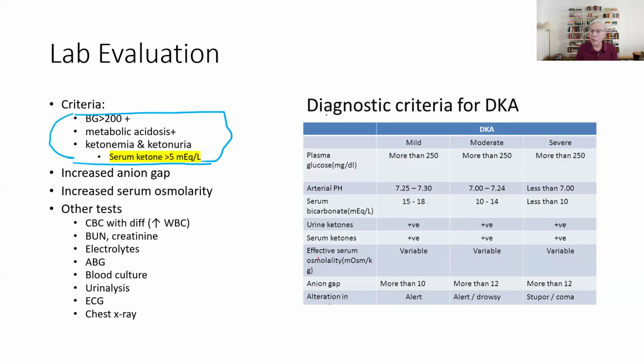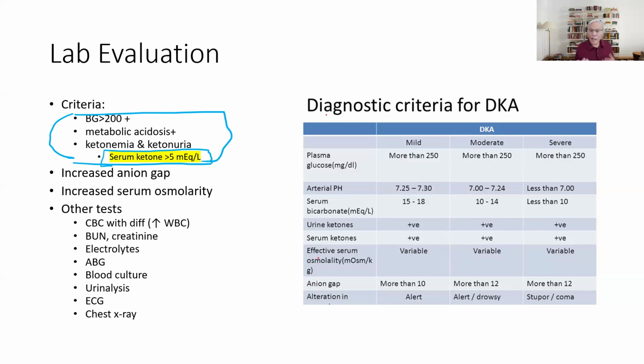But biochemically, it is going to be a serum ketone concentration above 5 mEq. So if you have a ketone concentration of only 2, that doesn't mean you would have diabetic ketoacidosis. You must have a serum ketone concentration above 5 mEq per liter.